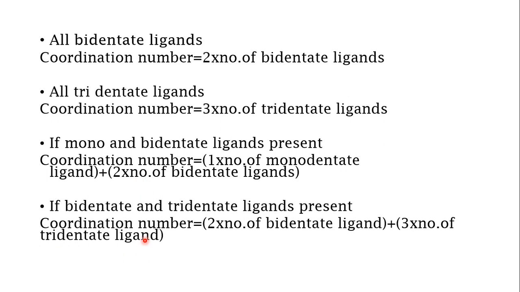Suppose you have a coordination complex with bidentate and tridentate ligands. Then the coordination number will be 2 into the number of bidentate ligands plus 3 into the number of tridentate ligands.